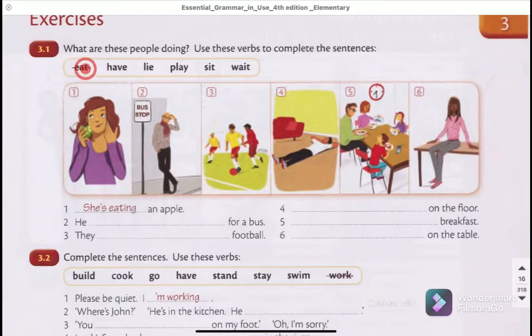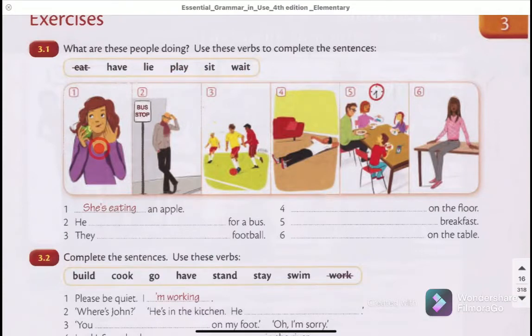Look here, what are these people doing? Use these verbs to complete the sentences. We have some verbs and some pictures, and we will write sentences about these pictures using present continuous tense. So here I have: lie, play, sit, and wait.